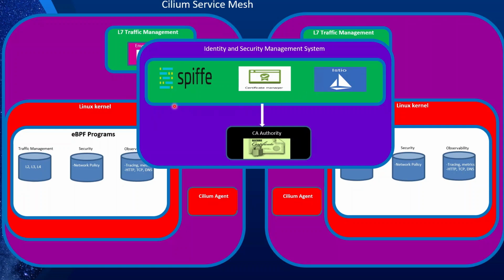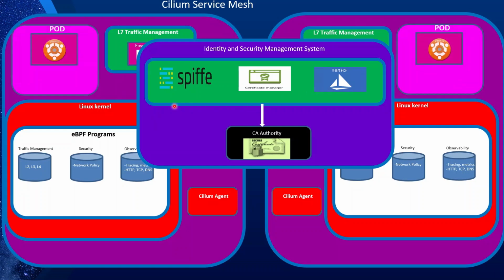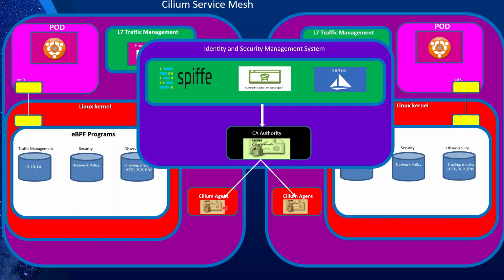Then, when you deploy a service, the CA authority will issue a certificate for each one of those services. Those certificates will then be used on behalf of each application for mTLS authentication and handshake, ensuring that the certificates are valid and that the services are who they claim to be.